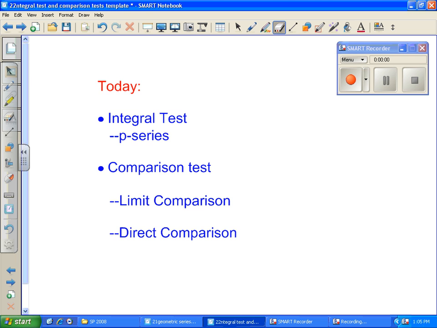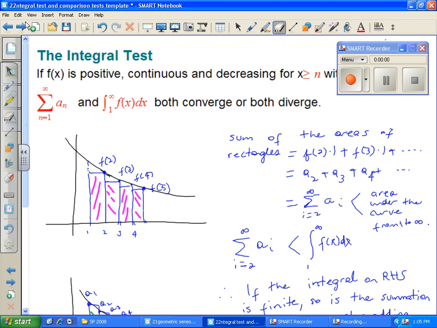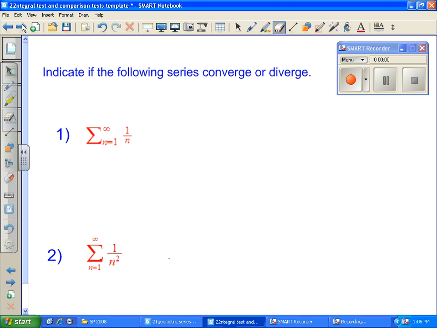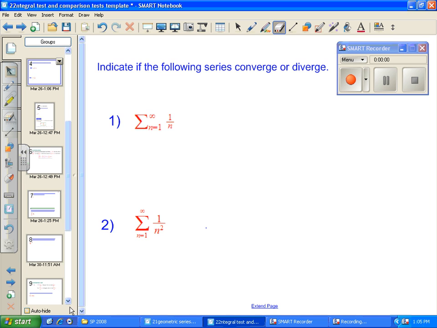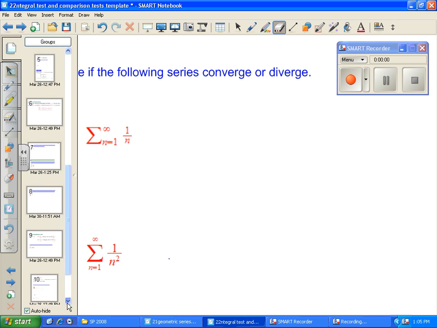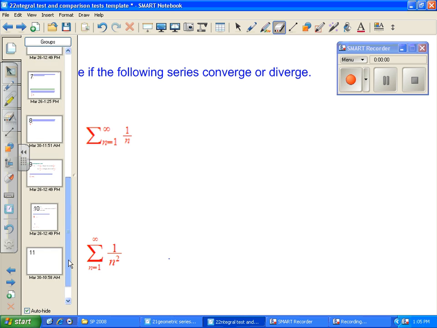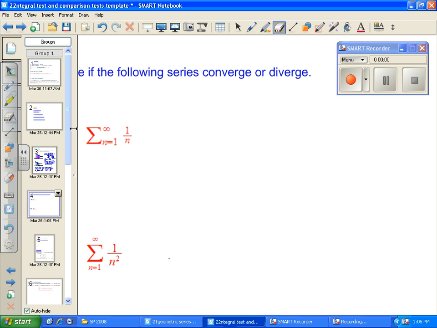Okay, so let's take a look at the integral test, the statement of it. I thought I had a newer version of it. Let me see. Okay, give me just 1 second. See if I can find it. Okay, first of all, the integral test should be listed on the handout that you just got.